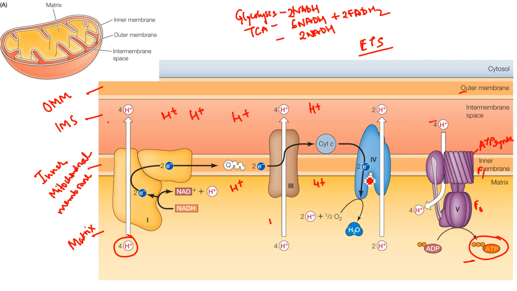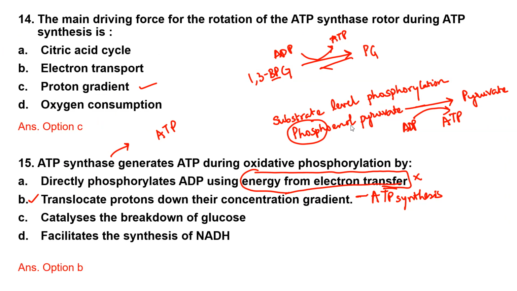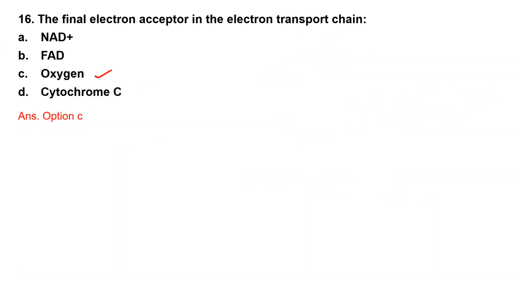If you see this diagram carefully, the oxygen is accepting the electron, and water is being formed. So the final acceptor of electron in the electron transport chain is oxygen.